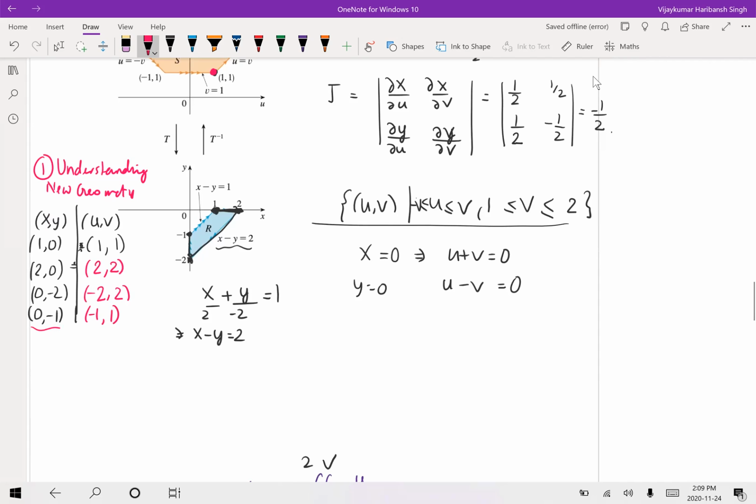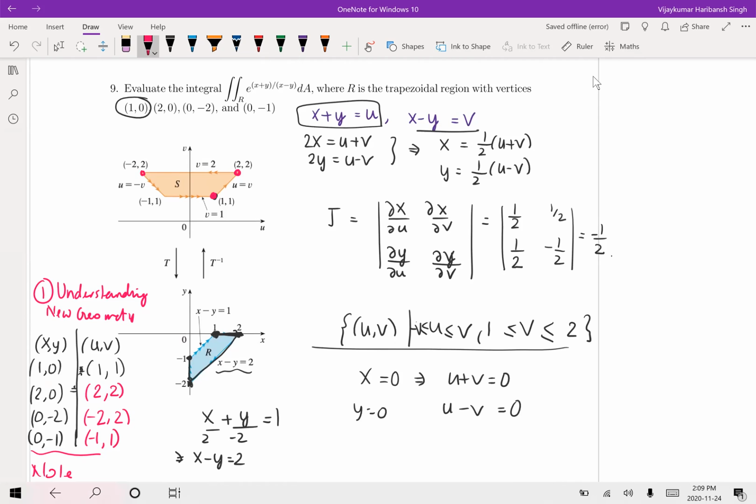And also note that linear maps map lines to lines. So when I got these coordinates, I just joined them because I know that this is a linear map and lines map to lines, right?